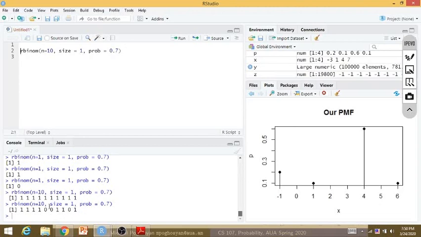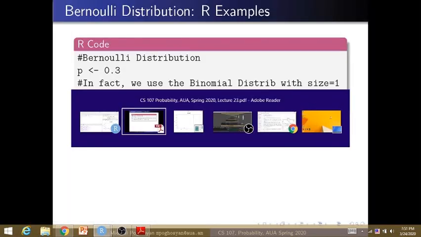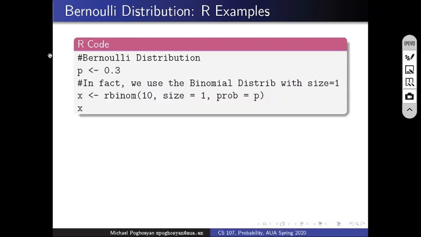By the way, exactly 7 ones and 3 zeros. And I'm doing that again. Sometimes zeros, sometimes ones. Again. So you can see that we have 4 zeros here and 6 ones. So R can do that experiment for you and generate values for random variables.